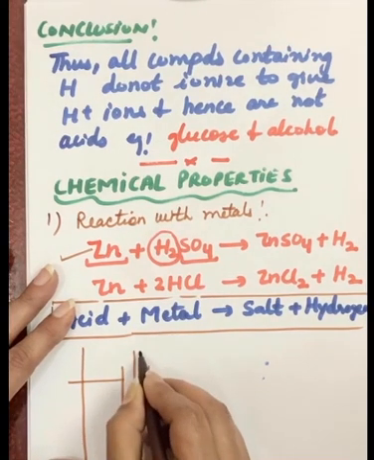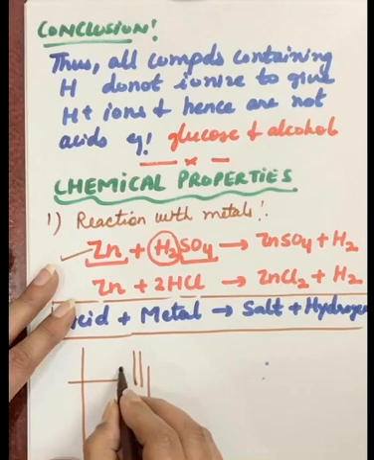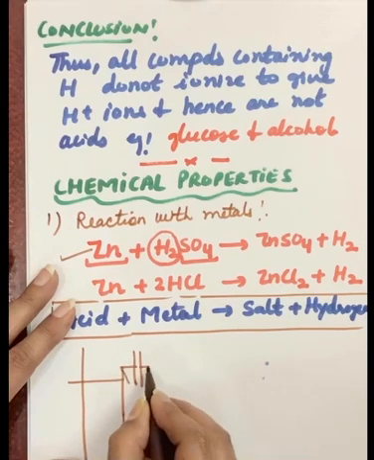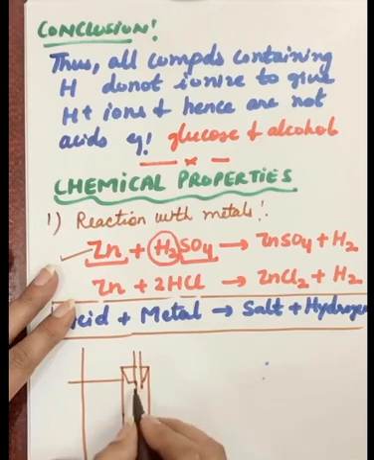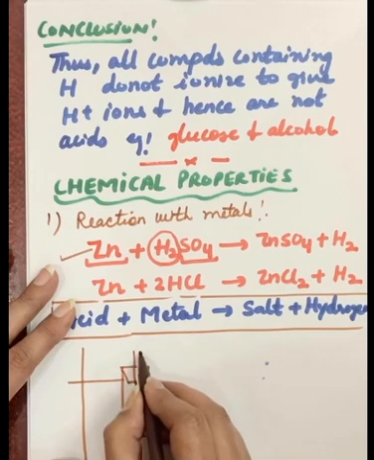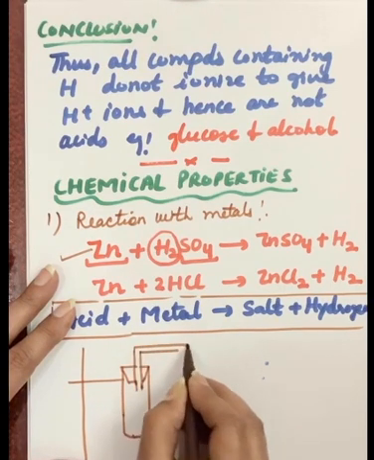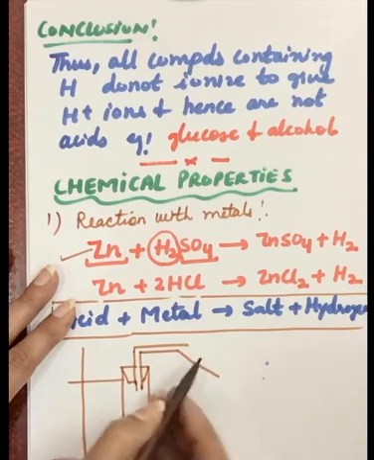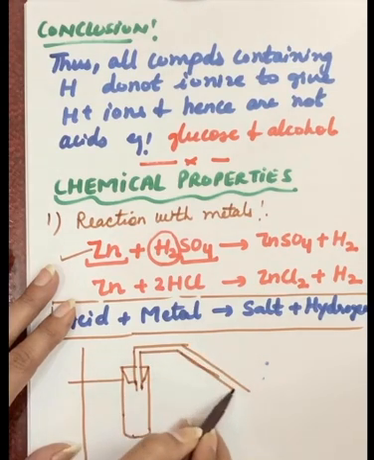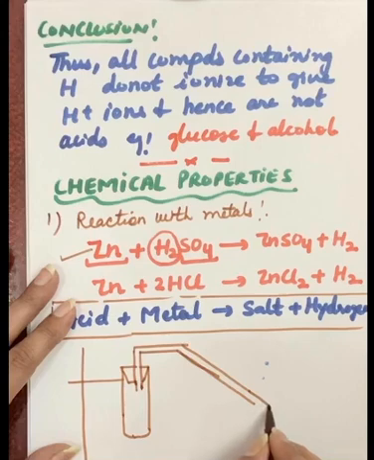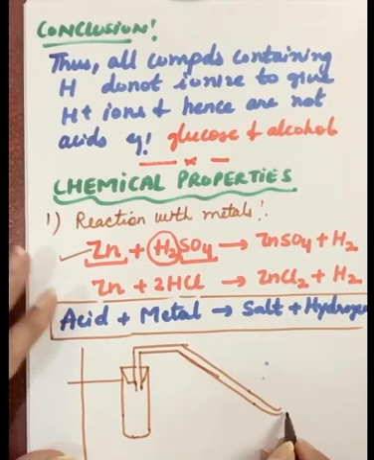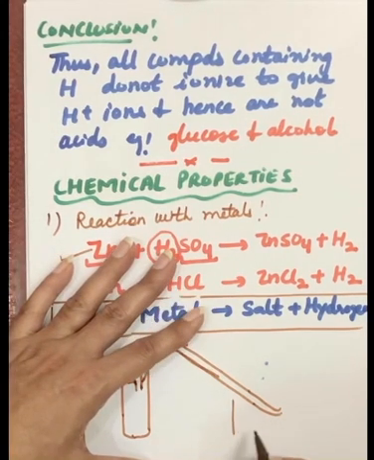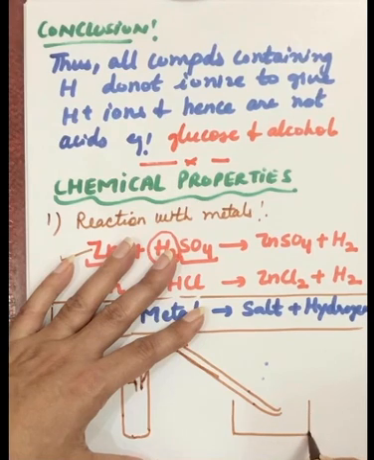Before that, we have to pass a delivery tube through the hole of the cork. And the other end of this delivery tube should dip into the solution which we are taking in a trough.